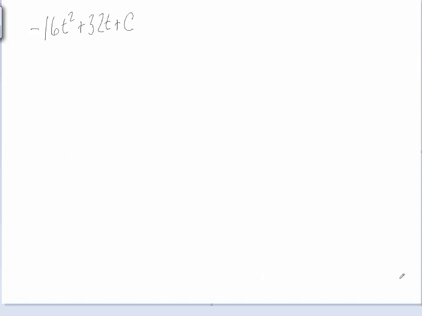We've got our function here. We want to figure out the constant using initial conditions. Now let's suppose we know that we have a position function.